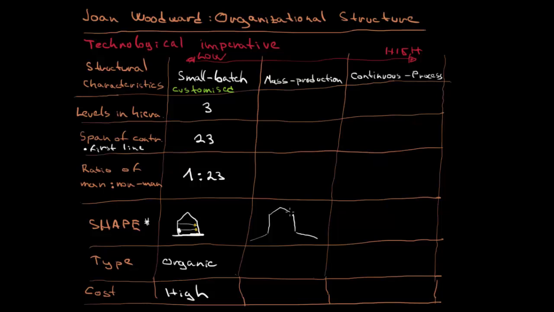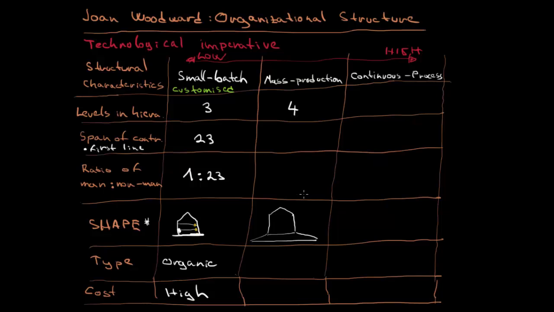So you can see that for the actual employees there is a very wide range. And that's why the level of hierarchy is going to be one level taller than in the small batch company, so we'll have four levels in the hierarchy.